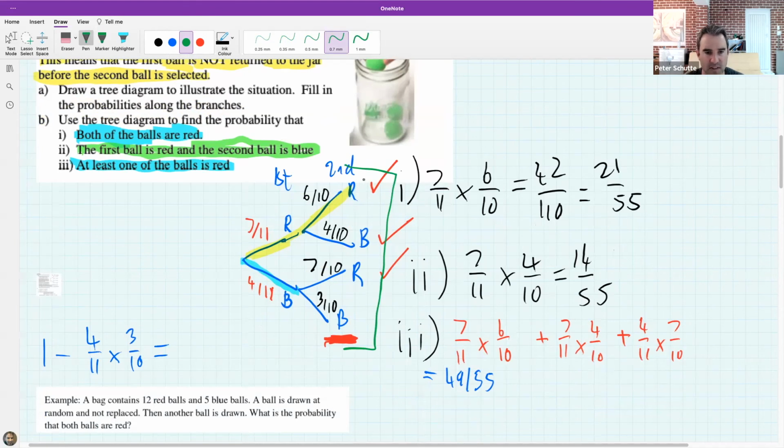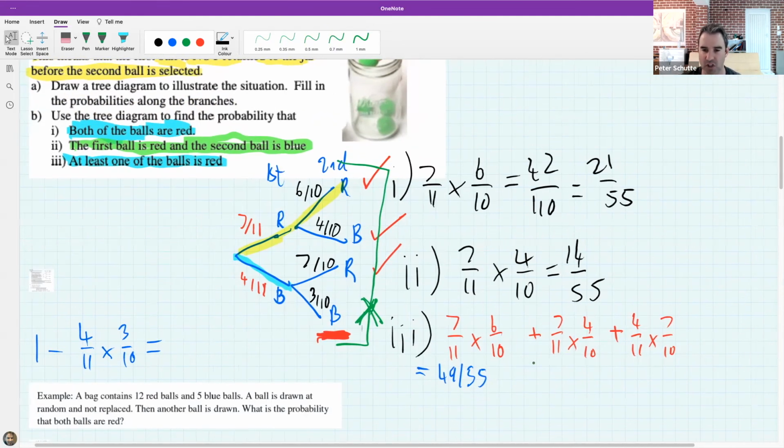So what I could do, instead of adding up all 3 of them, I could just work out this last one and take it away from 1. And whatever is left will be the remaining ones. But I think for most of you, it probably is easier to just go and add up each branch that you got the answer for.